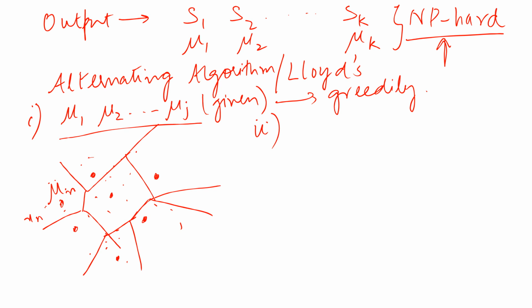And so the second is that if you give me subsets, so let's say S1, S2, and so on up to Sk are given, and this is also K, why confuse, right? If these are given to me, then I can construct the optimal centers easily. Why?